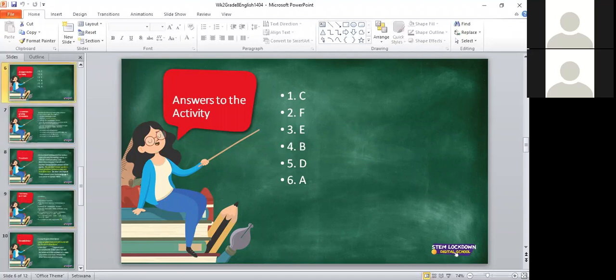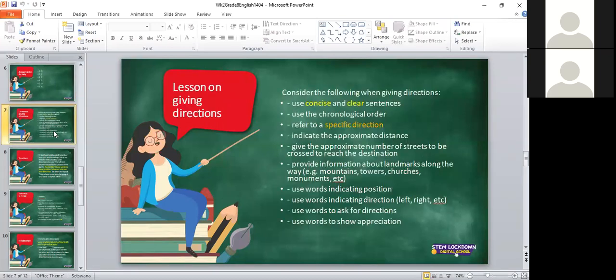We are carrying on and going deeper into things now. That was just an activity to assess where our understanding is at this point about these concepts of giving directions. Let's continue. So now we're going deeper into our lesson on giving directions.